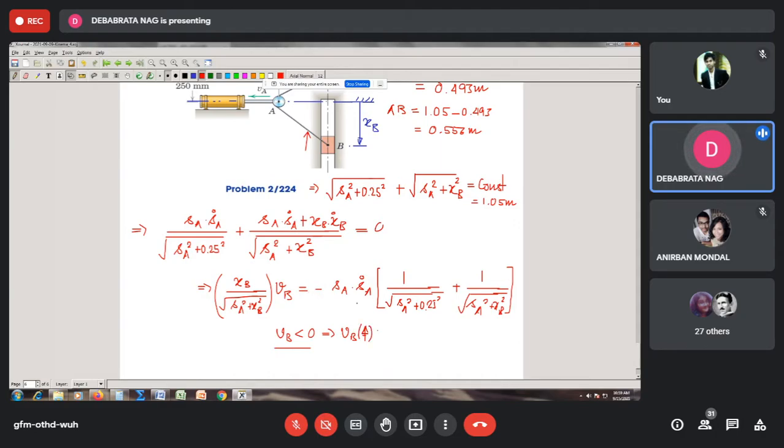Once this is sorted out, I can find the magnitude of the velocity ignoring this negative sign.